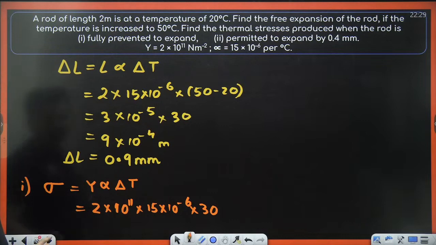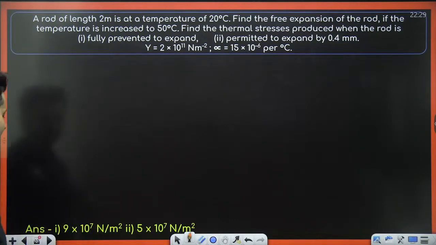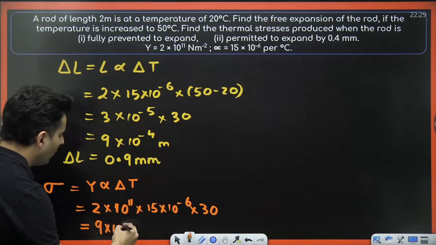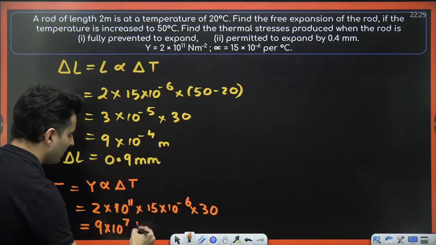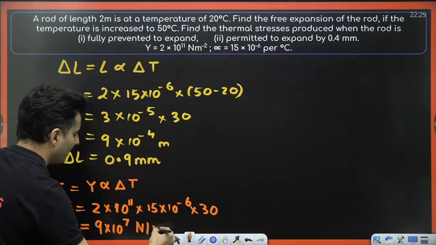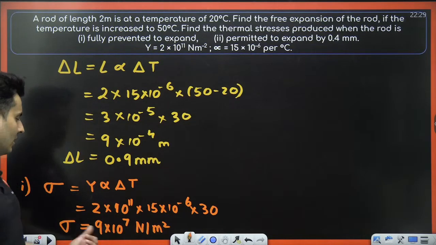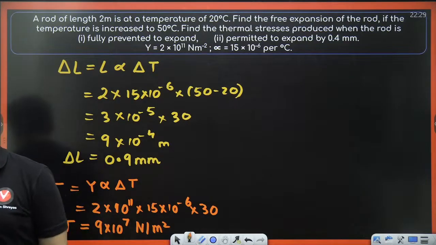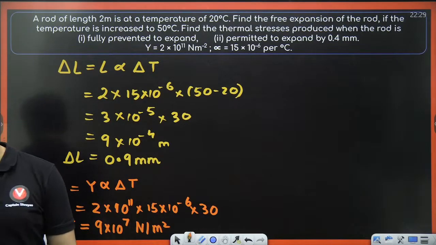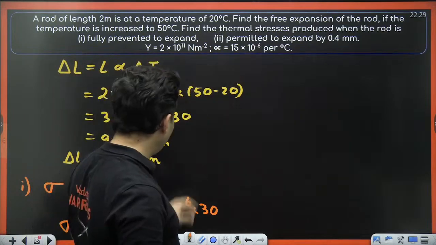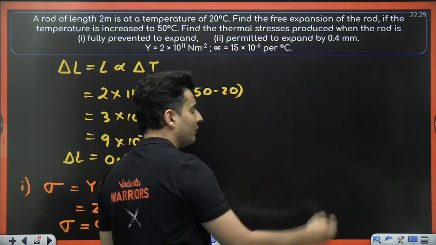So it will be 9 into 10 to the power 7. This is always force per unit area, so Newton per meter square. That is the first case. Very nice. Now the second part, where it is permitted to expand but only 0.4 millimeters.